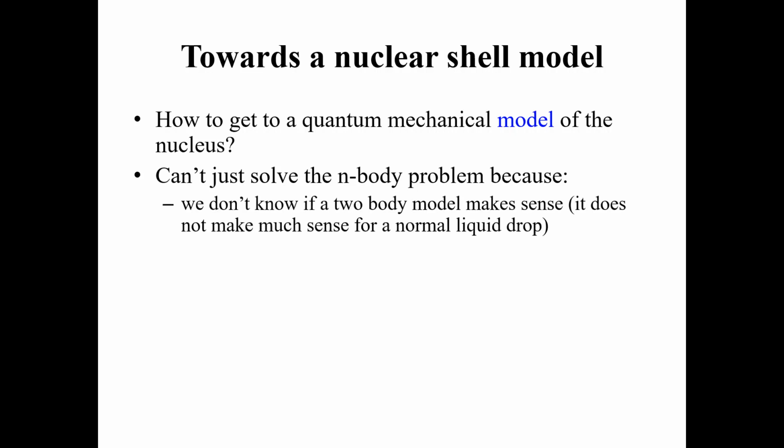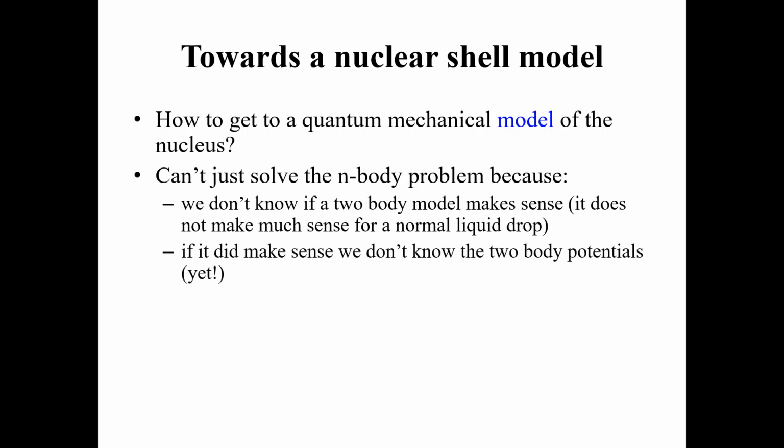That is, we have a question in mind. What were those questions? The first question which arises from having a close look at the shortcomings of the liquid drop model is how to get to a quantum mechanical model of the nucleus. We can't just solve the many-body problem because we don't know if a two-body model makes sense, and it does not make much sense for a normal liquid drop.